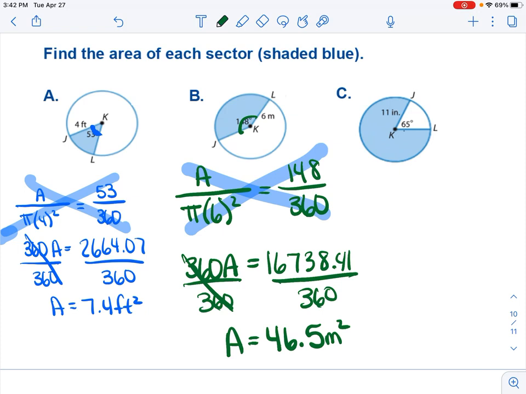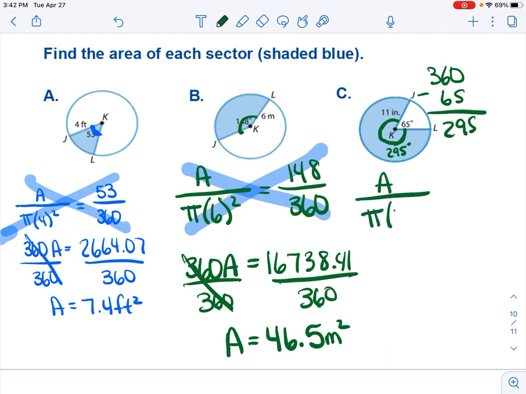And this last one is only a little more difficult because they don't give you the shaded region angle. You have to take 360 minus 65 and get 295 to set up the same sort of problem. Area of the sector over area of the whole thing. Pi r squared is our equation, so pi times 11 squared equals 295 over 360.